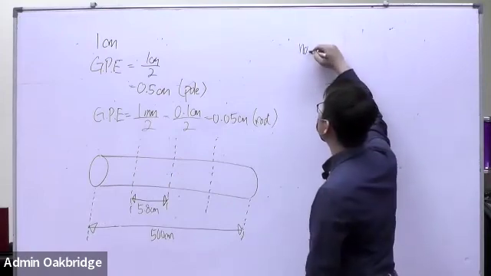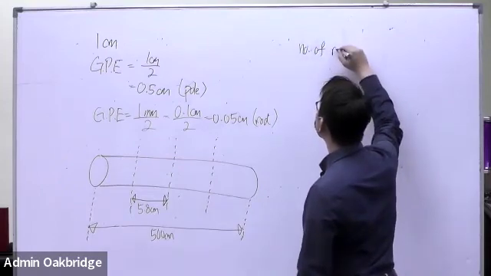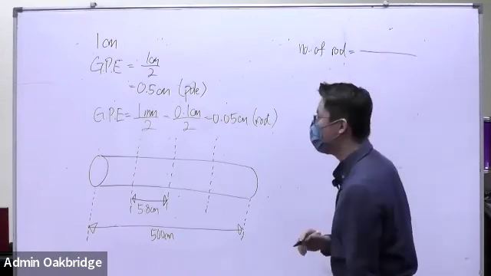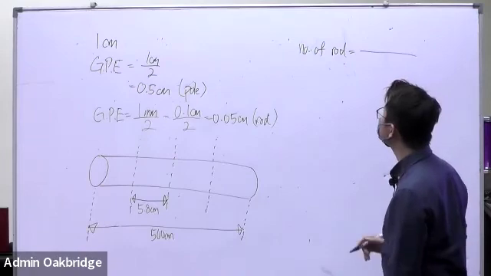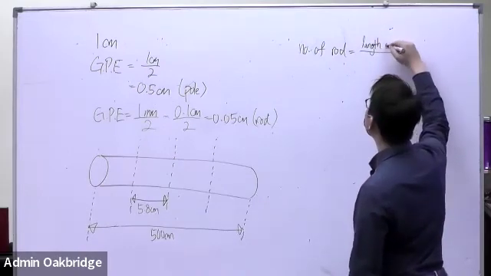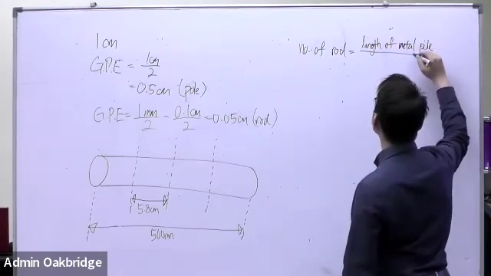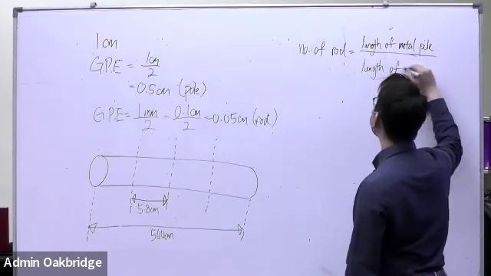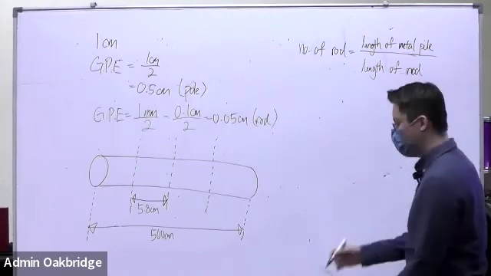To get the number of roots, you should take the length of metal pole divided by the length of root.